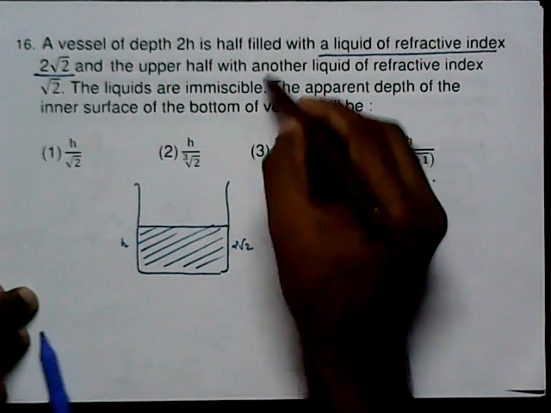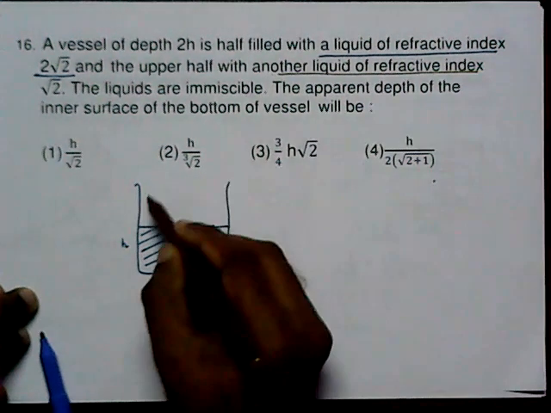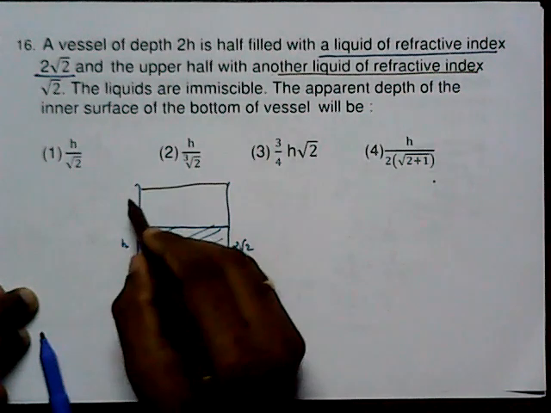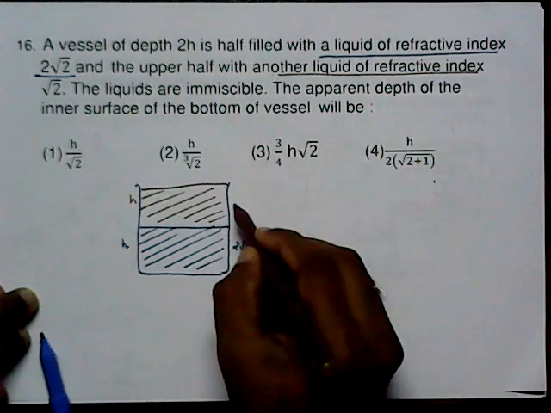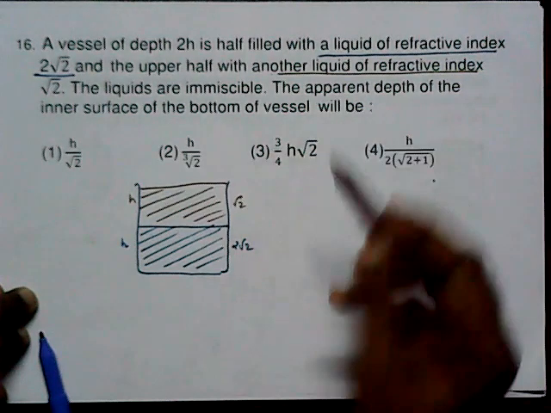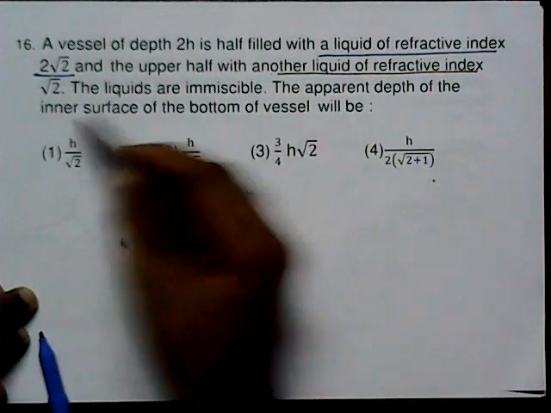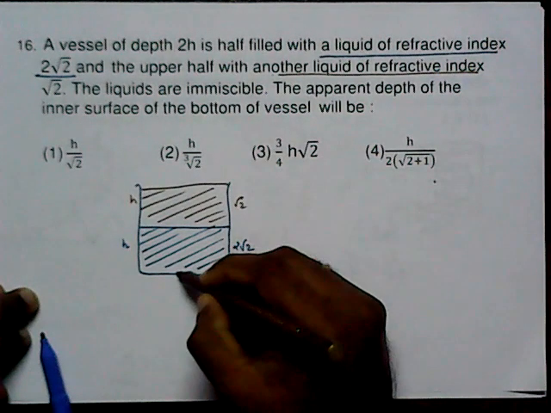And the next half with another liquid with refractive index root 2. So another half with root 2. The liquids are immiscible. The apparent depth of the inner surface of the bottom of the vessel?